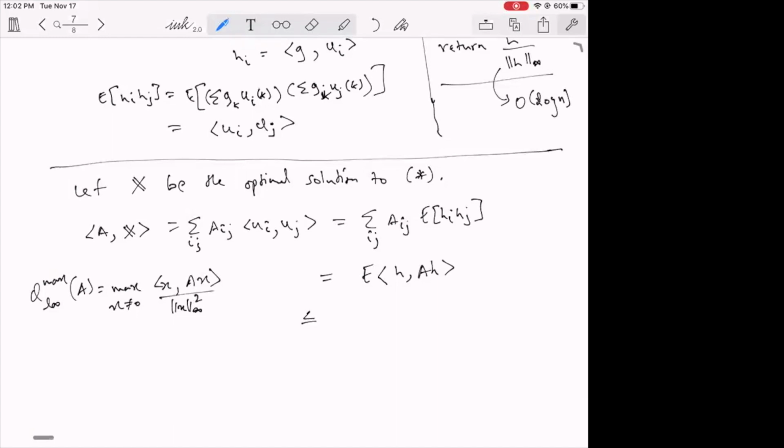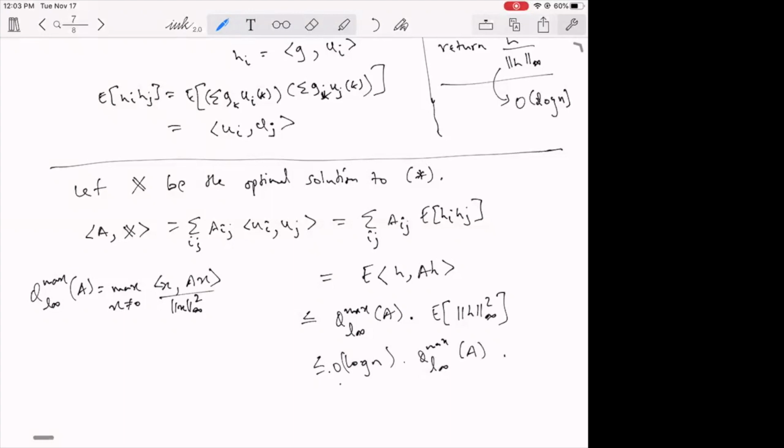So by exactly that definition, we have the inequality. This is at most quadratic maximum over L infinity of A times expectation L infinity norm of H squared, which is at most order log n times quadratic maximum over L infinity of A.